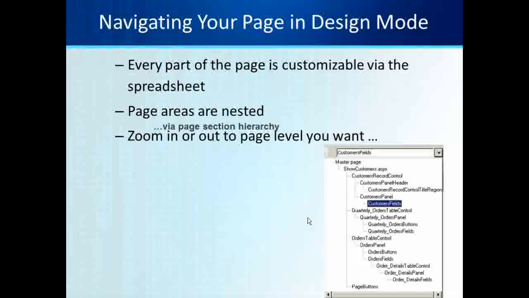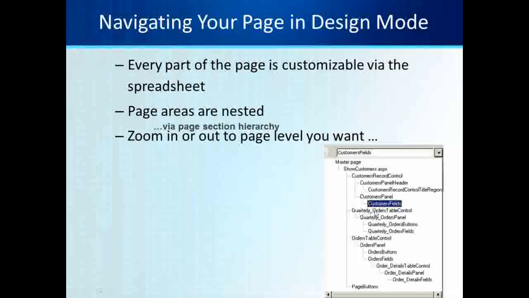And as I said before, navigating your page in designer mode, and we'll see this later in the demo, it has a hierarchy. The hierarchy would be the master page, and then, if this was a show customer page, it would have the ASPX page, and then the customer record control. Then you have the header, and then the control title region, and then the panel, and then fields.